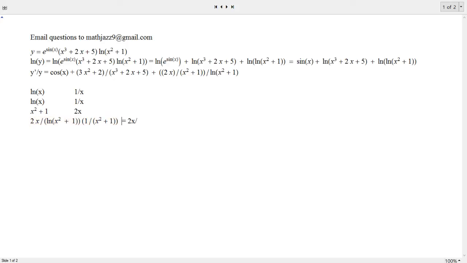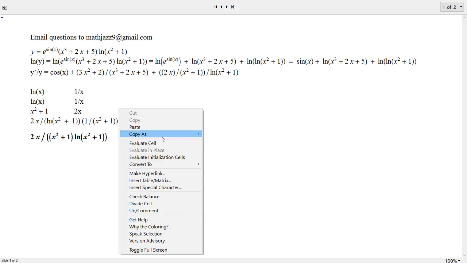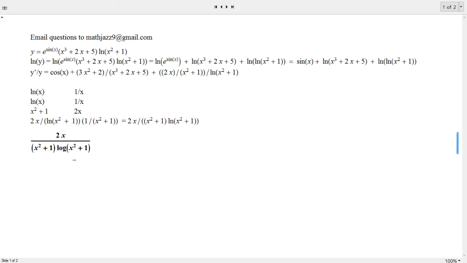So the product of those is x squared plus 1 times ln of x squared plus 1. And just to make this a little clearer, let me put it here, and then I will convert to traditional form. There we go. This is what our final fraction should look like.